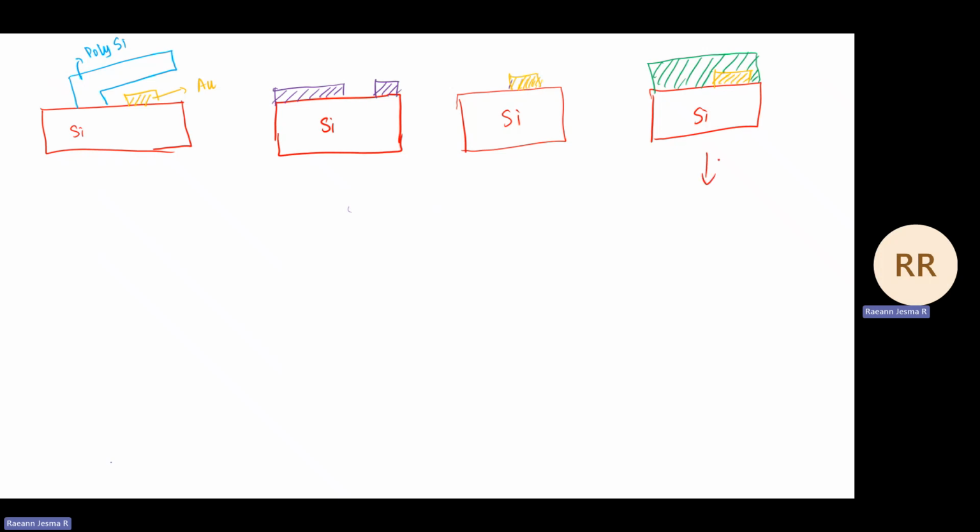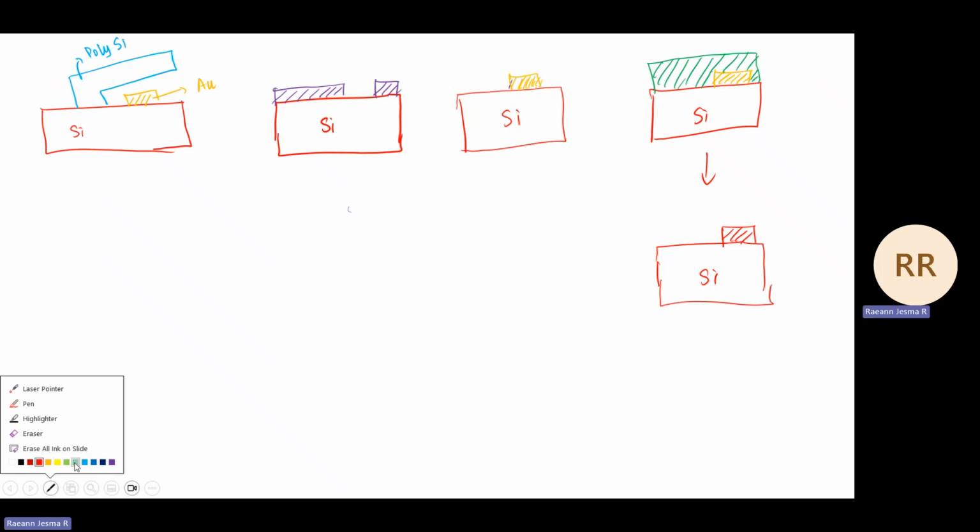For this you'll again do lithography, direct writing or mask writing, any type of lithography. Here you will be having your gold metal, and then this is your sacrificial layer.